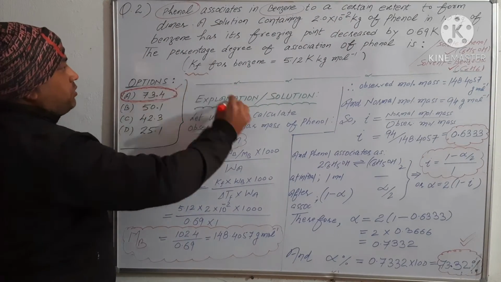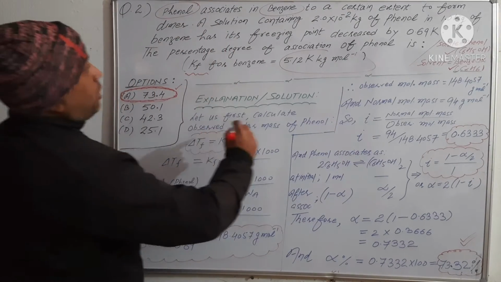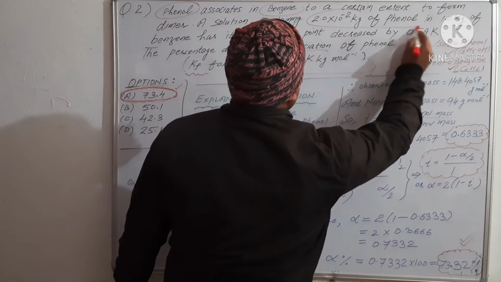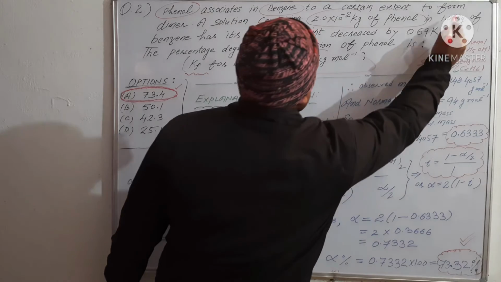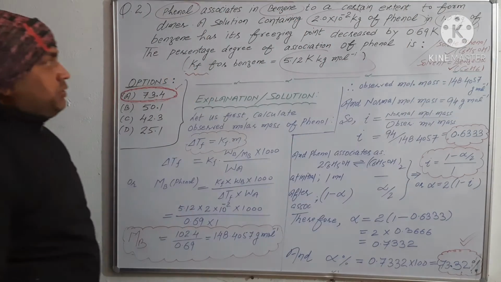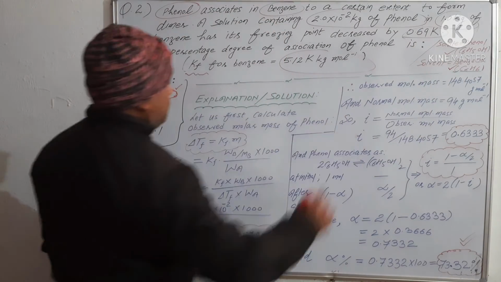The cryoscopic constant value is also given, and the amount of phenol, the solute, and the amount of benzene, the solvent, are also given, and ΔTf is also given.